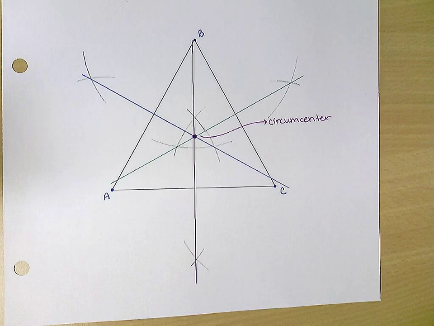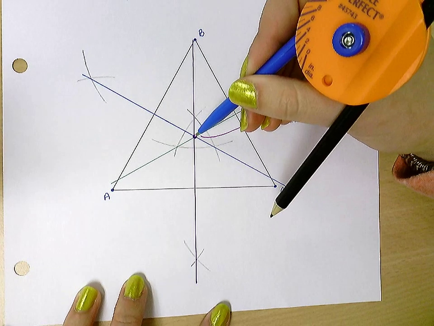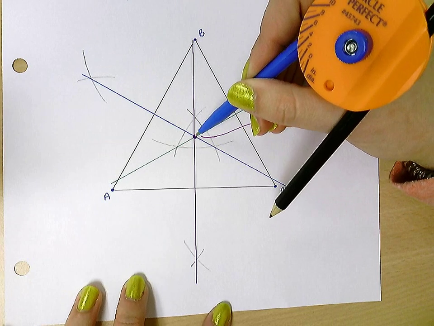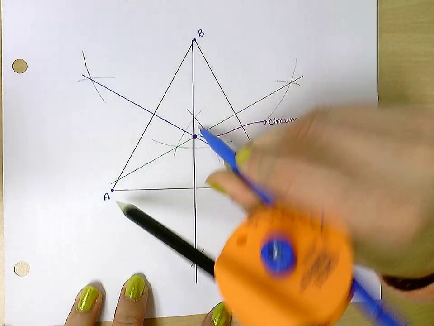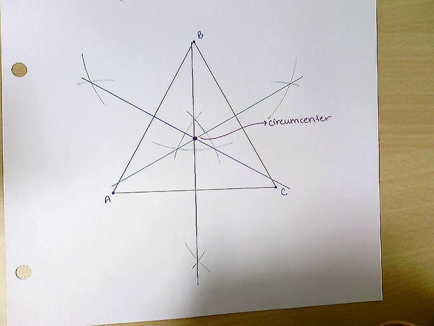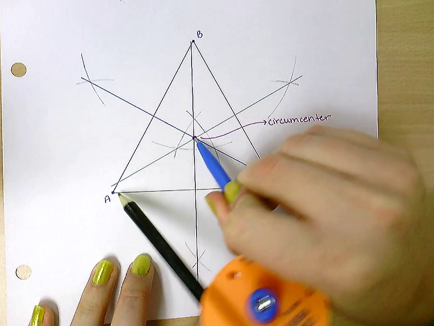That circumcenter is the center of a circumscribed circle. With that circle, it goes from your circumcenter, or that intersection point, to the vertice of your triangle.